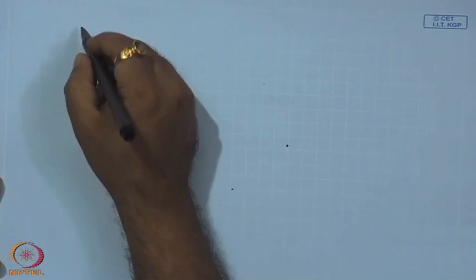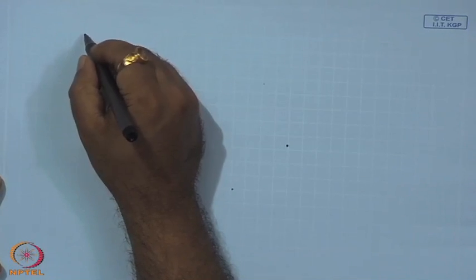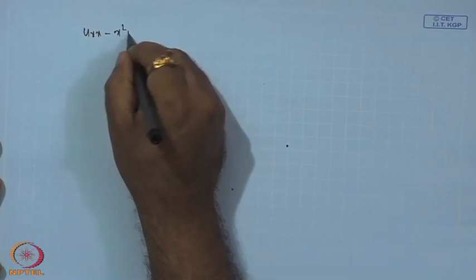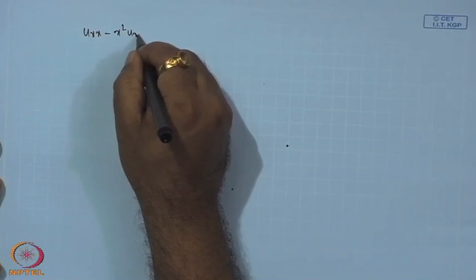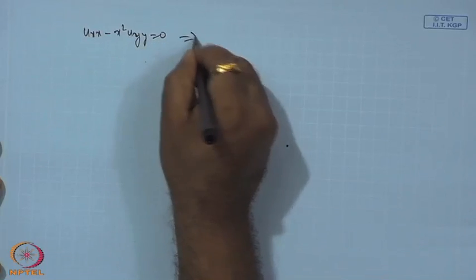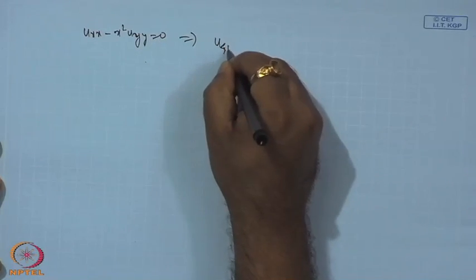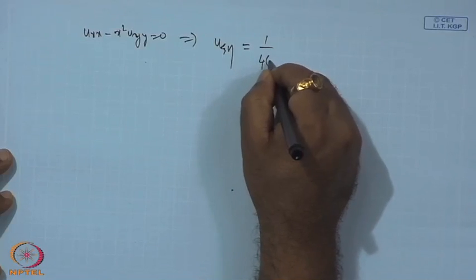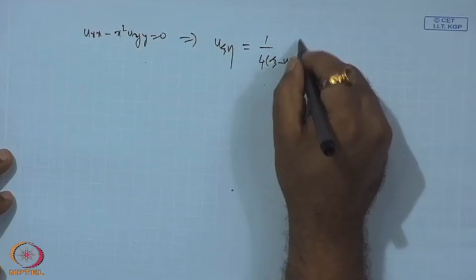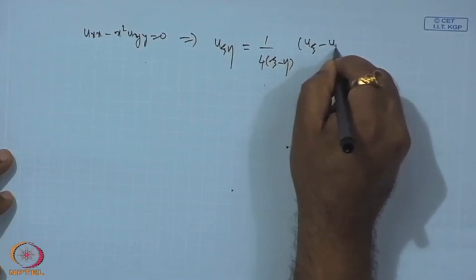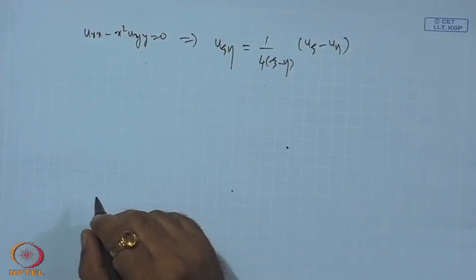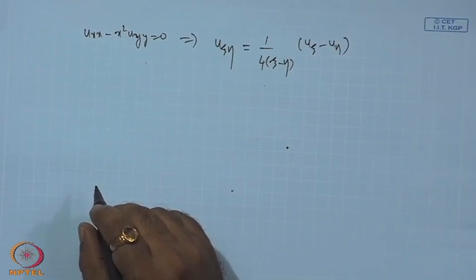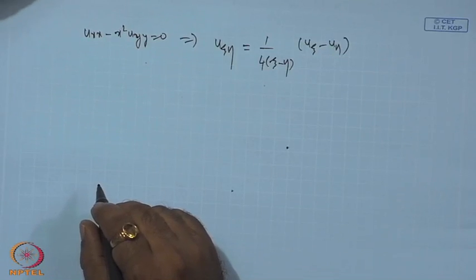If you use the chain rule and try to reduce this, it gets reduced to something which is simpler than the original.